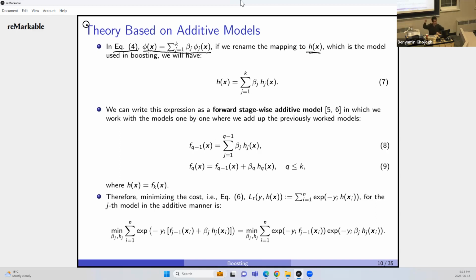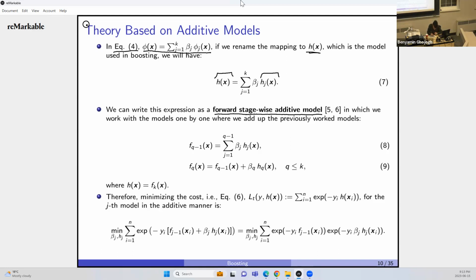The output of the jth model. So this basically means the output of the jth model for the input x. And this is the total aggregated result. Okay. As you see, boosting can be seen as an additive model. Okay. Now we can write this expression as a forward stage-wise additive model. What does it mean? We'll see.